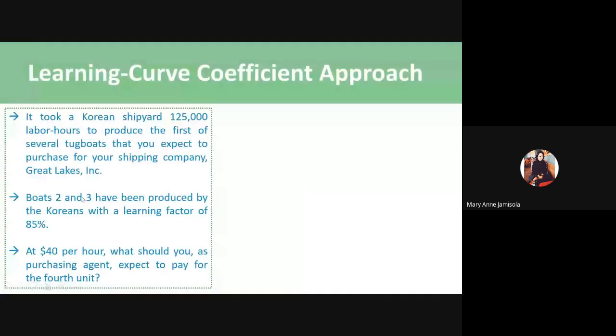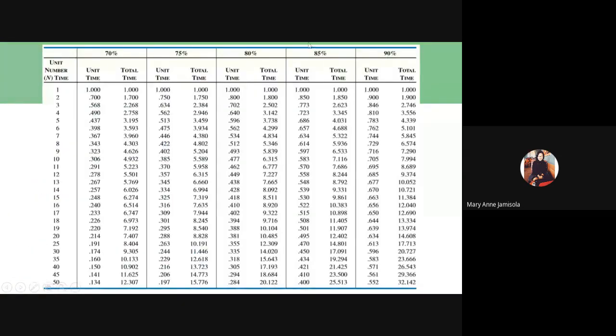So let's look at the table again. Our learning rate is 85%, so we look at the 85% column. Under 85%, we focus on the first subcolumn, unit time, and look for the fourth unit. The number 4 here is 0.723 under the 85% learning rate.